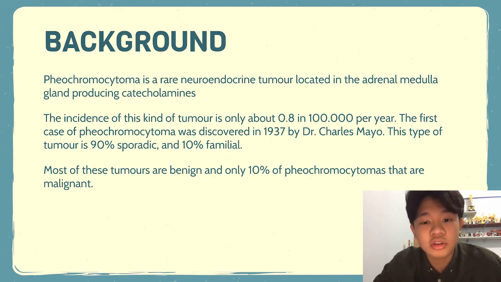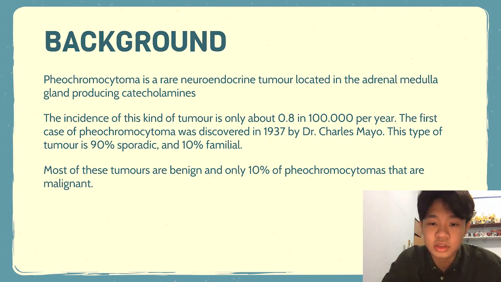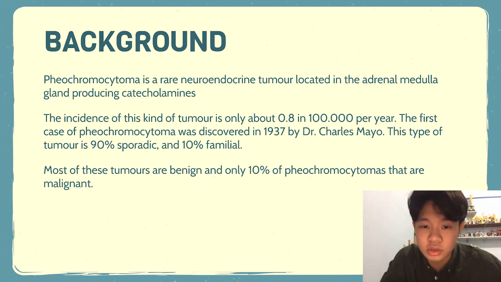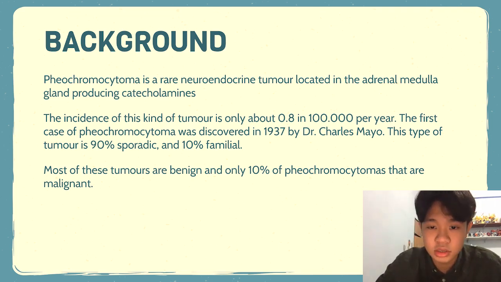Meanwhile, the term for the extra-adrenal chromaffin cell cancer is called paragangliomas. The incidence of this kind of tumor is only about 0.8 in 100,000 per year. The first case of this tumor was discovered by Dr. Charles Mayo in 1937.